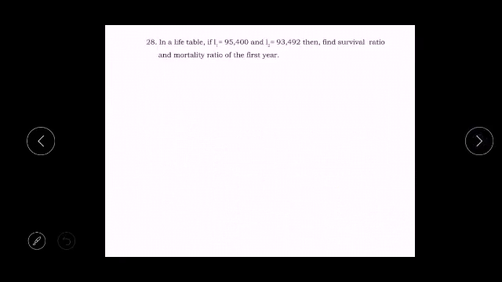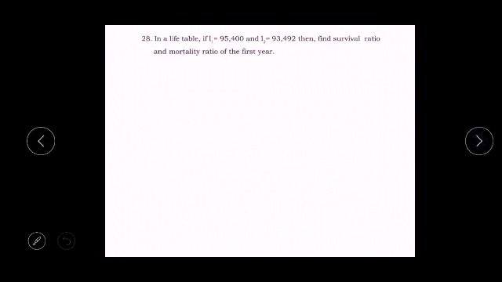Here we take the first problem. In a life table, if L1 is 95,400 and L2 is 93,492, then find the survival ratio and mortality ratio of the first year. So the first year means L1 here, and they have given L1 and L2, that is Lx and Lx plus 1.